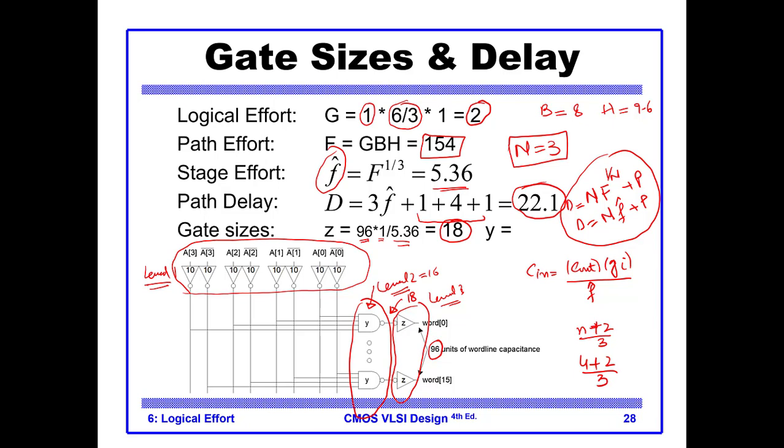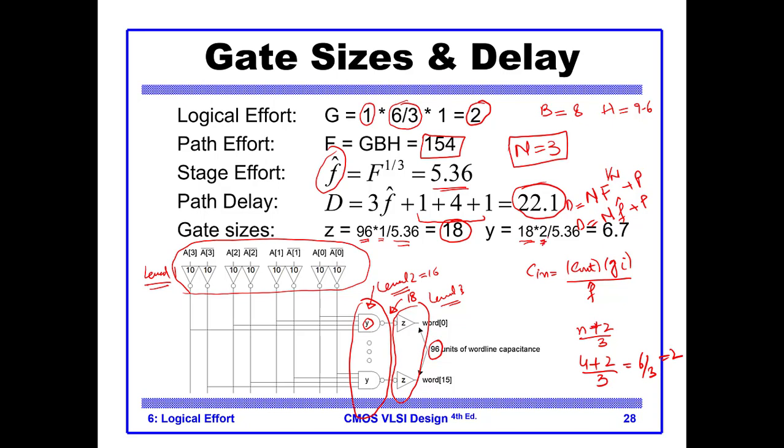Now we want to find the size of Y, which is our NAND gate. It is again equal to this one, which is 18, the output capacitance of the NAND gate, into the logical effort of the NAND gate, which was 6 by 3, equal to 2.